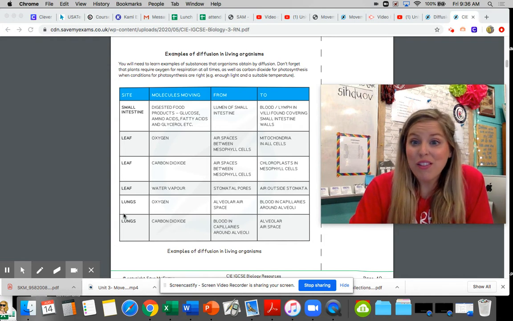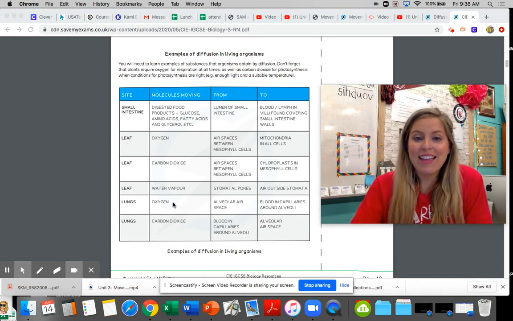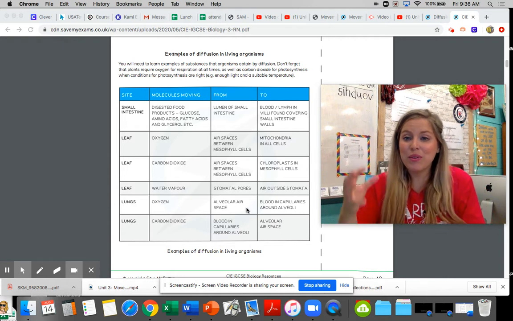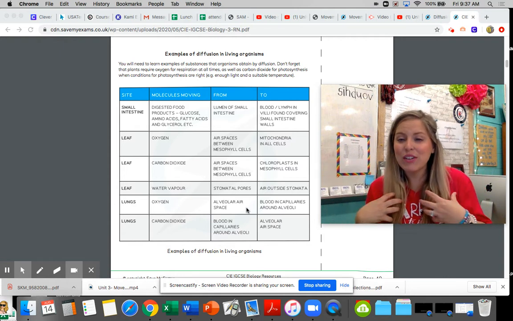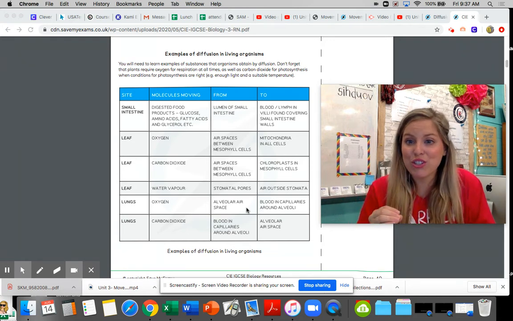I'll skip down to the lungs as well, since we're talking about humans. For our lungs, that is where we absorb oxygen. So as you inhale, you are absorbing oxygen in the alveoli, which are these tiny little air pockets inside of your lungs. That is where that exchange is occurring.